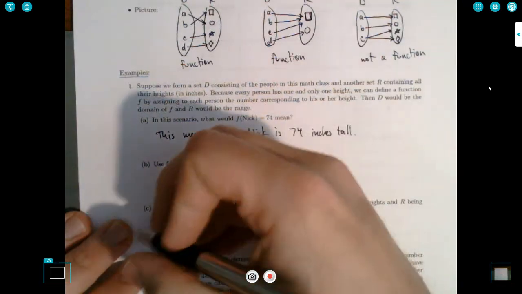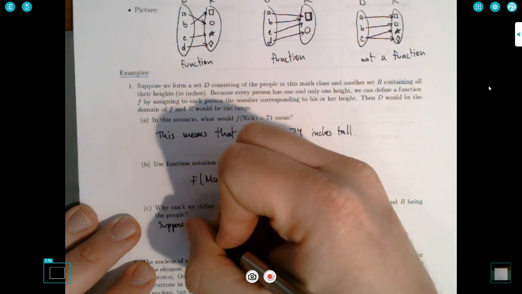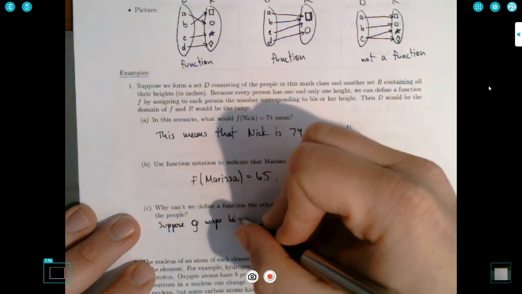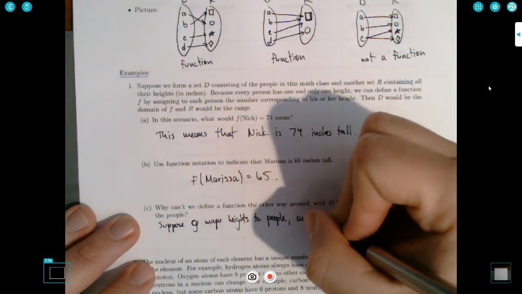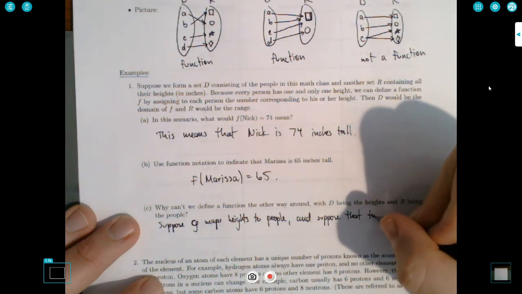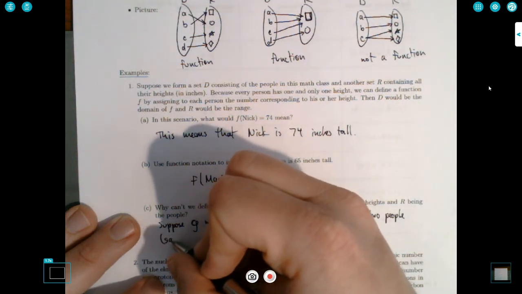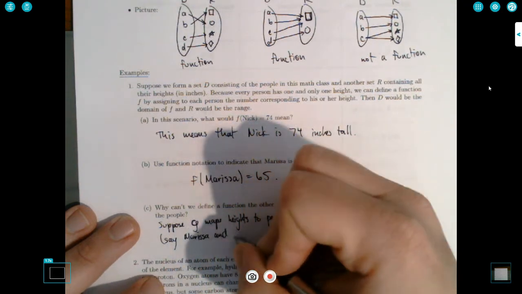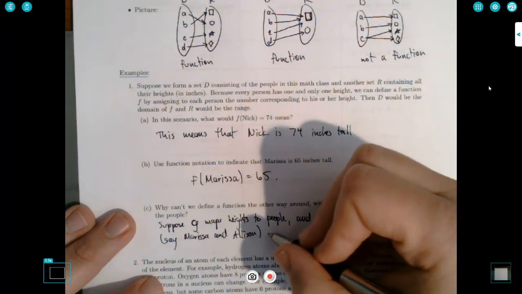Well, we could say, suppose G, lowercase g, maps heights to people. And suppose that two people, say Marissa and Allison, have the same height.